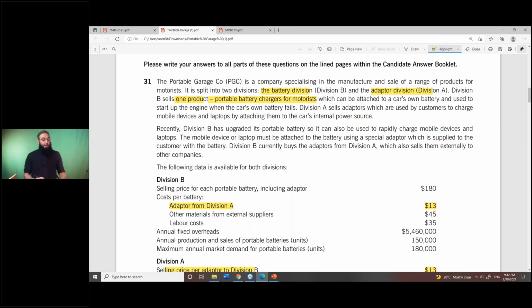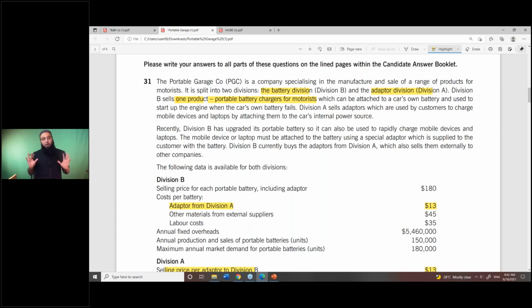Division B has upgraded its portable battery so it can also be used to rapidly charge mobile devices and laptops. The mobile device or laptops must be attached to the battery using a special adapter which is supplied to the customer with the battery. So, useless information.